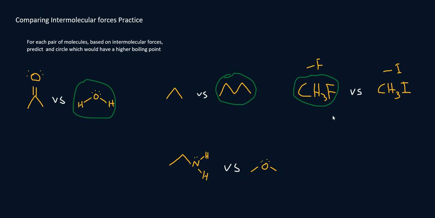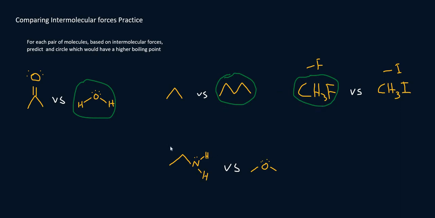So if you're comparing these two, fluorine is much more electronegative. It has a much more prominent molecular dipole, which means it's going to be more polar. More polar means stronger dipole-dipole forces. This guy would have the higher boiling point than this guy, based on the stronger dipole-dipole interactions.